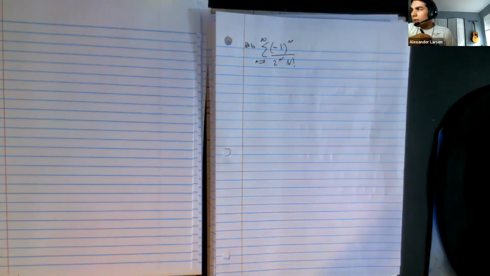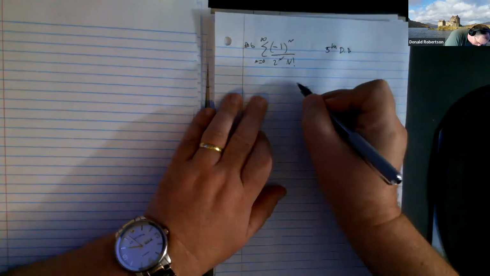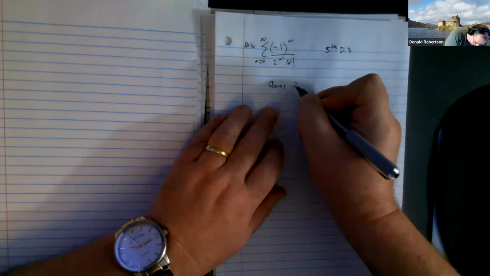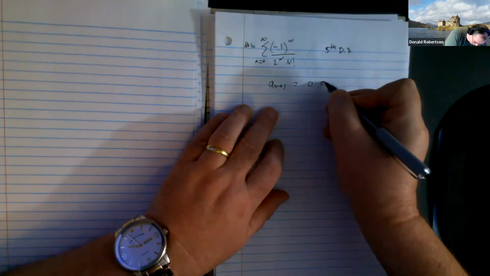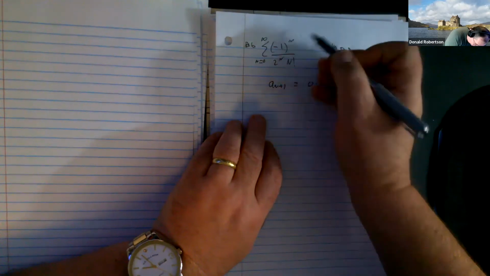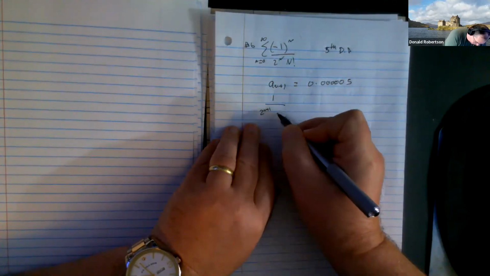I believe it's accuracy to the 5th decimal. Okay, so we'll show you the method. So 5th decimal place means that a_(n+1) should equal 0.1, 2, 3, 4, 5 zeros and a 5. Remember, you move to the next place and stick a 5 there. Now, for a_(n+1), I really don't need to worry about the negative parts. All I need to find is that guy.